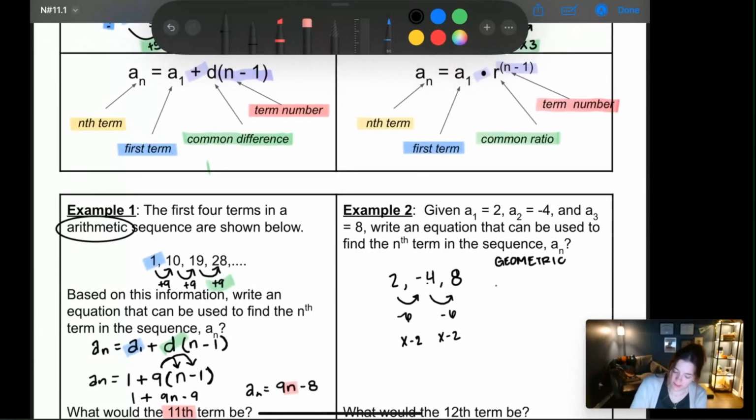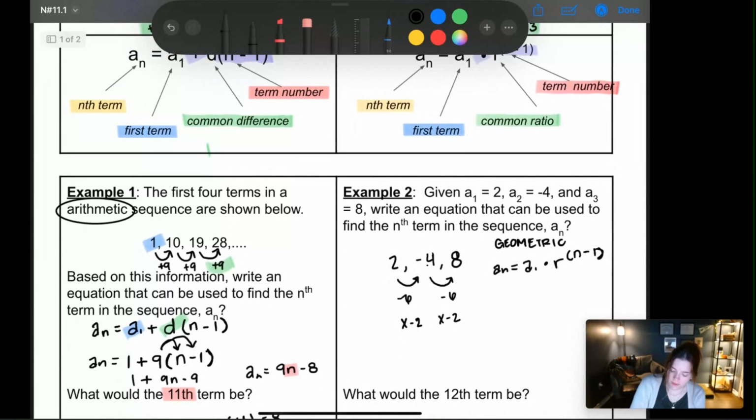So I'm going to go ahead and write it down. I'm going to say a to the nth term equals a, the first term, times the common ratio to the power of n minus 1. And you already know some of these answers, right? Just like we did on that last one, we're solving for a, the nth term, and our first term was 2.